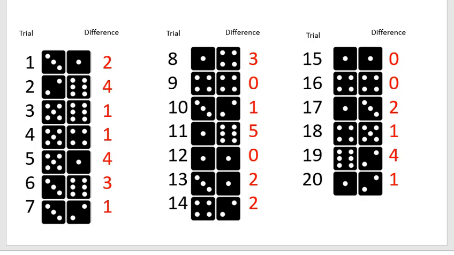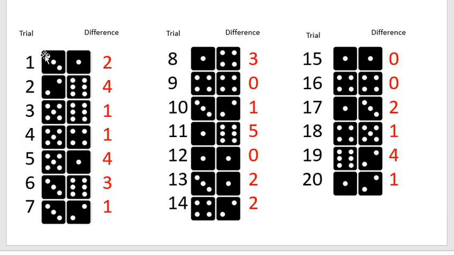What I've also done is I've used one of our web pages from before. This is the one with the number cubes, where you can have as many different rolls with as many different number cubes as you like. I've done 20 trials. So I ran my experiment 20 different times, and this is the result.